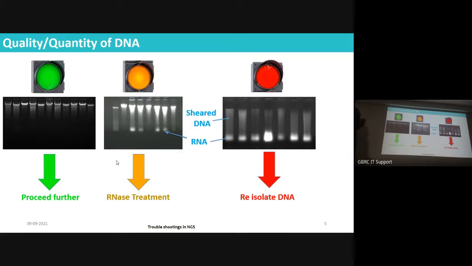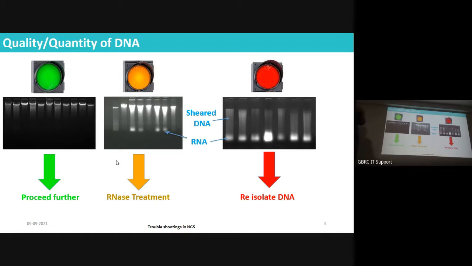In some cases, the DNA is degraded. Suppose the sample is too old, or you are extracting DNA from FFPE tissues when you are trying to look for cancer or some other genes. Then you need to use some specific kits. Or sometimes you are sequencing from bones or even dry samples in which there are very scarce chances of getting DNA.